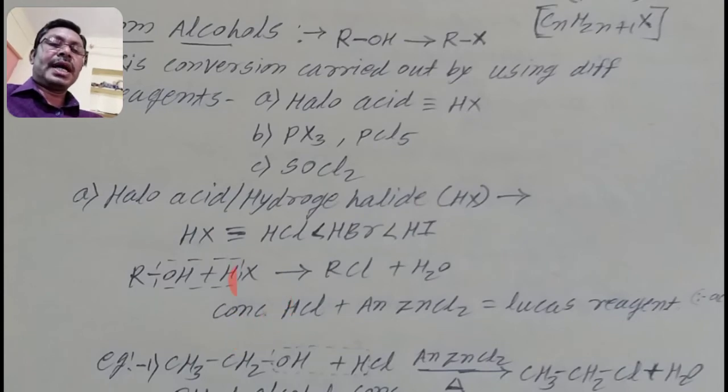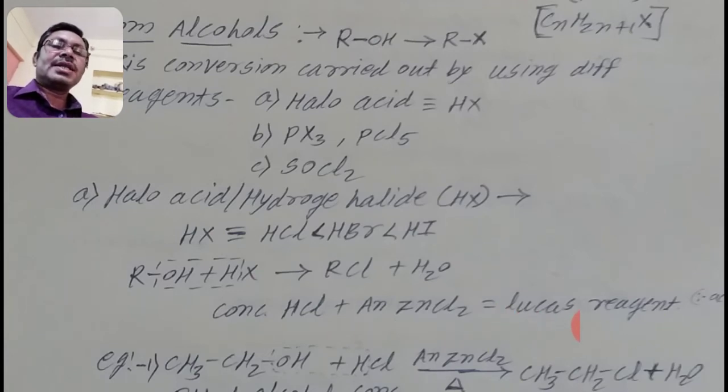If we take dilute HCl, or only concentrated HCl, the reaction cannot be carried out. With the help of ZnCl2, we can carry out the full reaction, because the mixture of concentrated HCl and ZnCl2 is known as Lucas reagent.